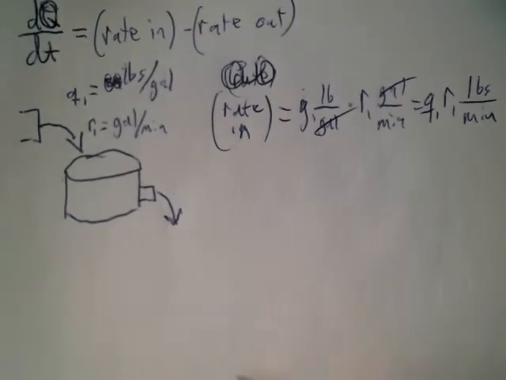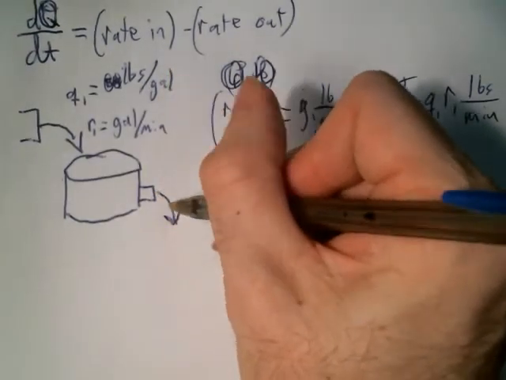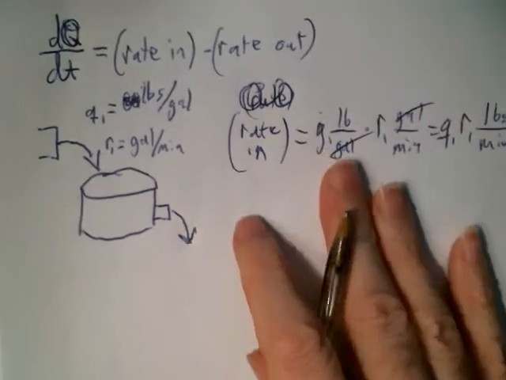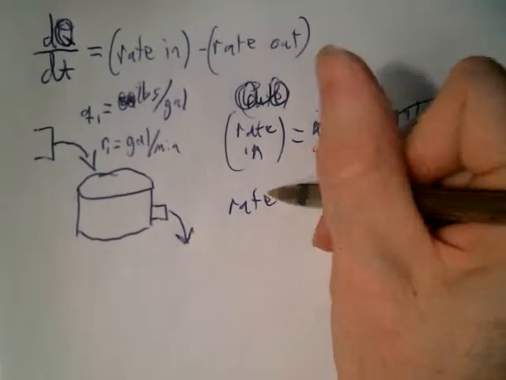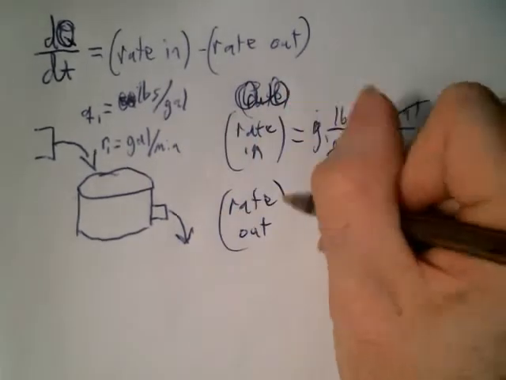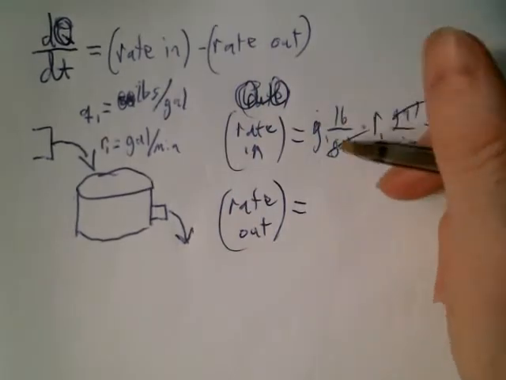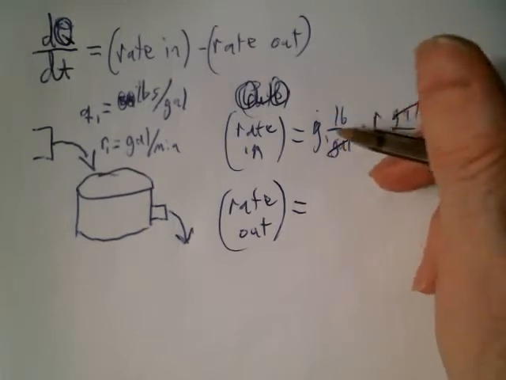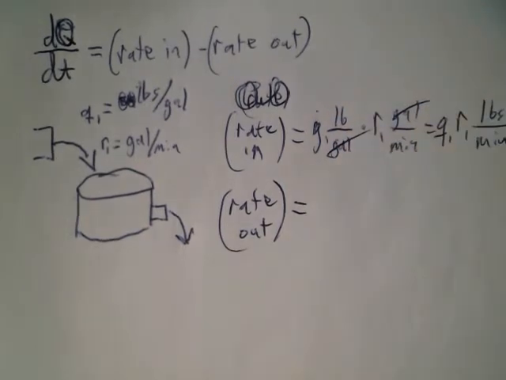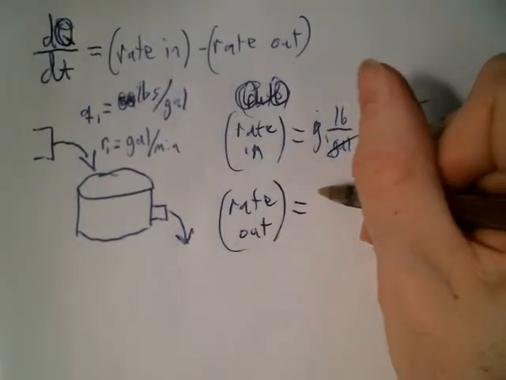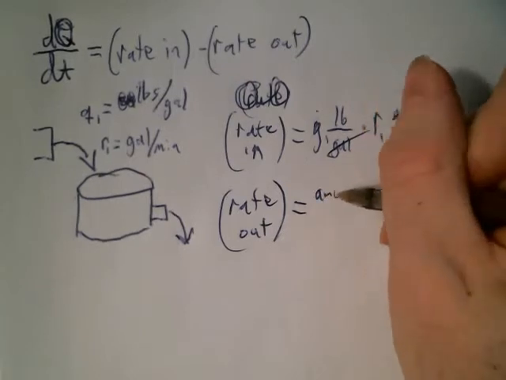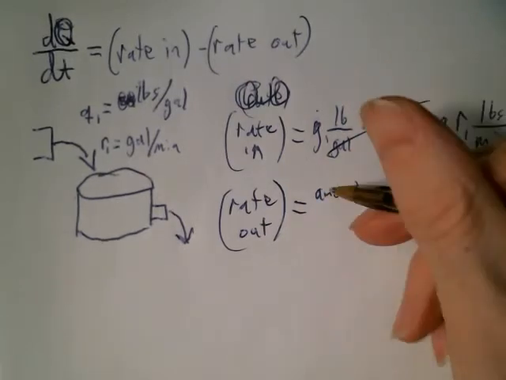The trouble then is figuring out this outgoing part that we need for the difference. So the rate out: we don't know this Q here. We're stuck trying to figure out the amount of concentrate per gallon coming out because it might be variable.